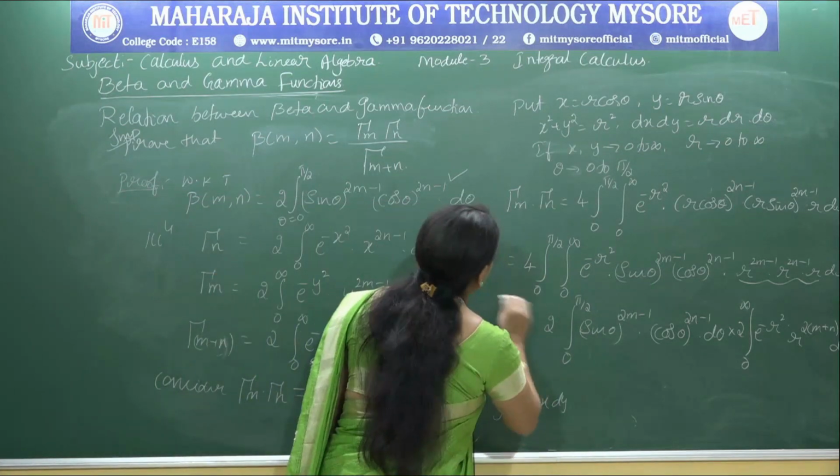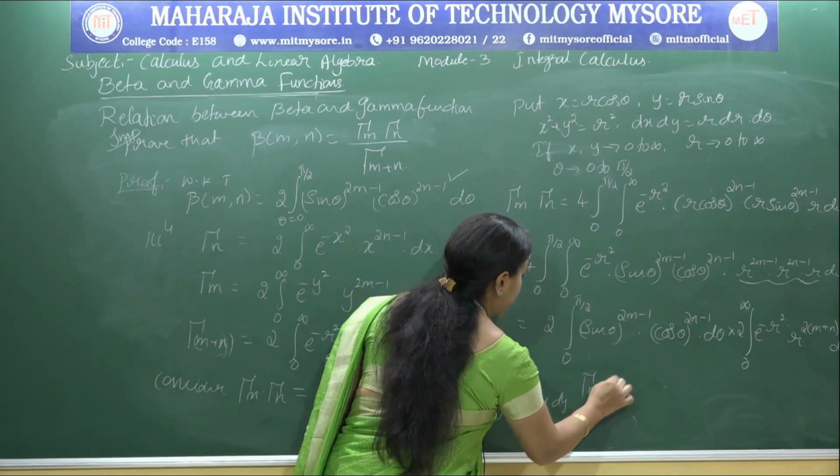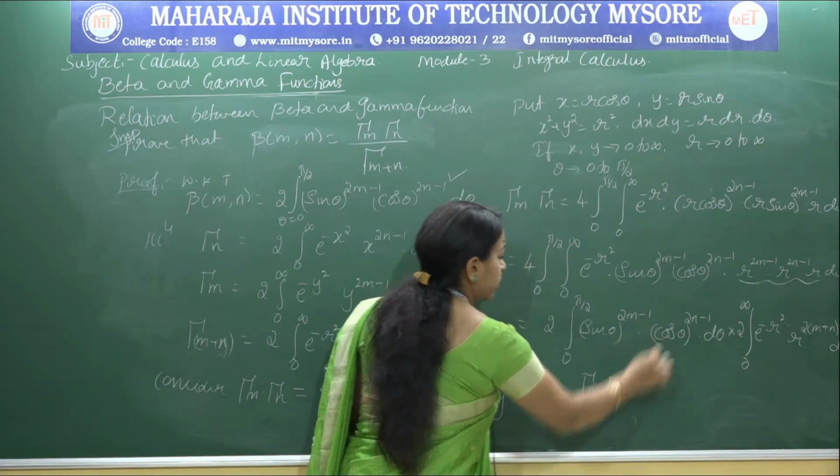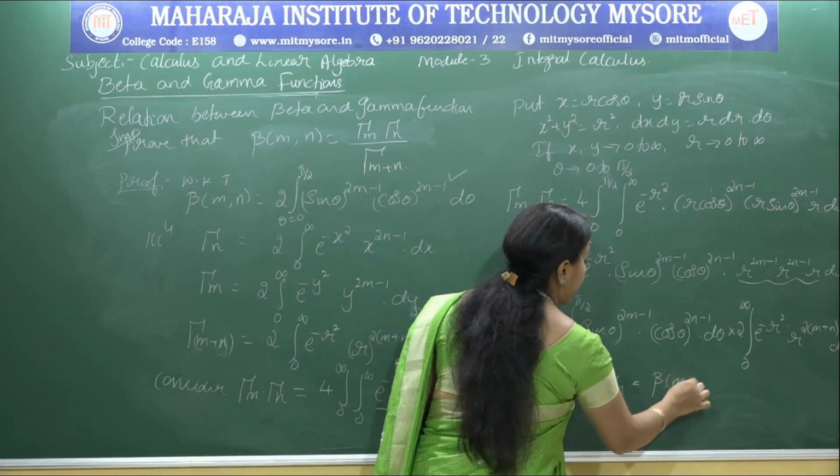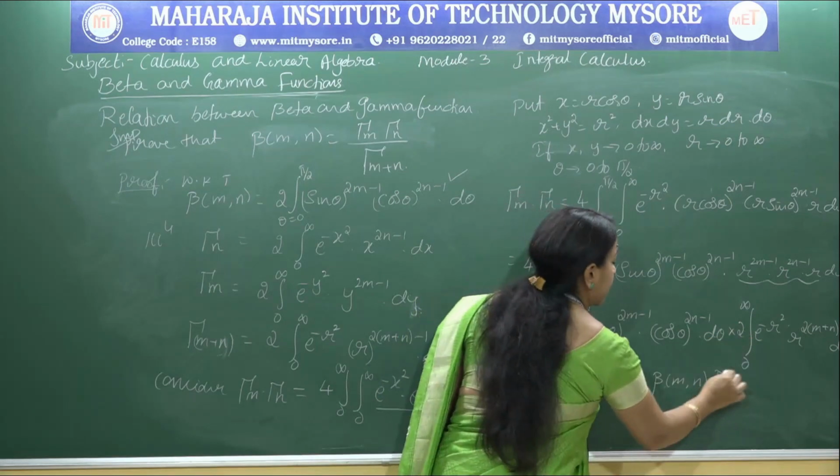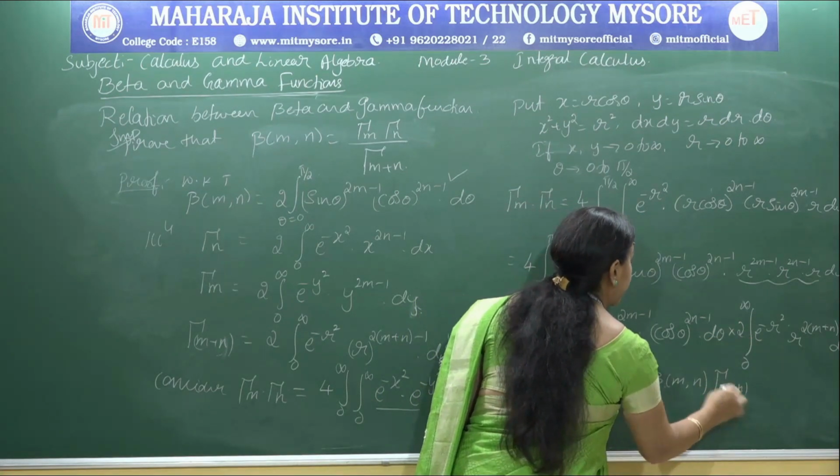I can replace the LHS is gamma m into n is nothing but, so this can be replaced by beta m comma n, and this can be replaced by gamma m plus n.